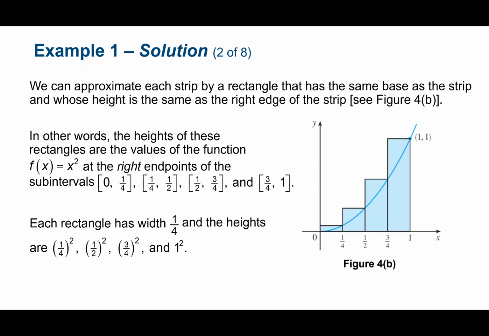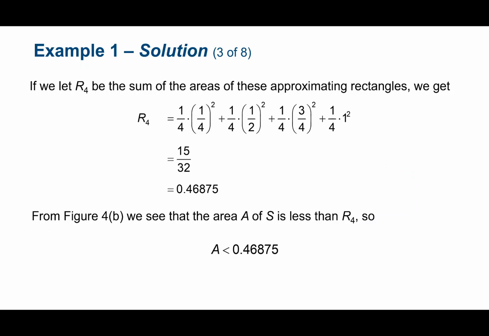And the idea then is that we can add those areas together, and we'll get a better estimate than we got using only one rectangle. So on this one, if we do that, we know they're all 1/4 wide, so that's where all the 1/4 in the front are coming from. Then we evaluate at the right endpoint, the right corner of those rectangles.